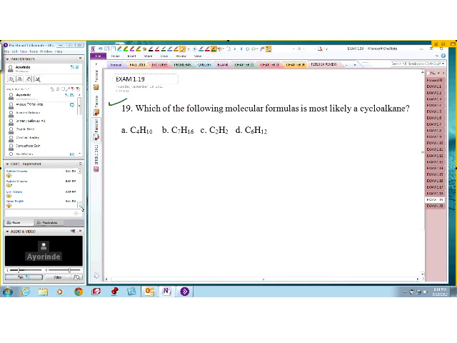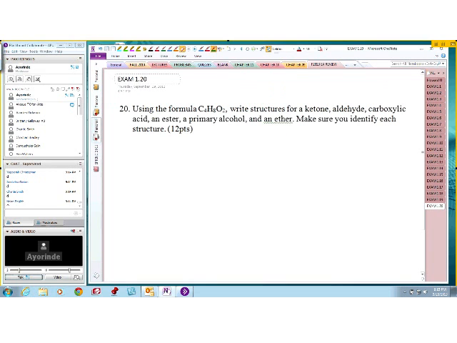Any answer to this? You guys should be able to do that. D, that is correct. Okay, very good. We don't need to waste time on that. Just use the general formula for cycloalkanes, which is CnH2n. At C6H12, the n is the number of carbon atoms, as you can see in this case.